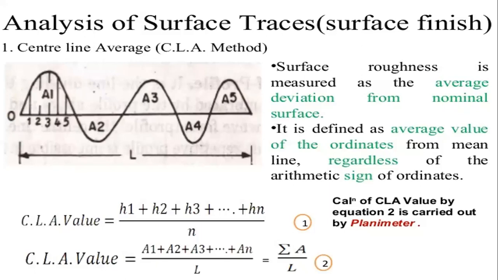The first one is the center line average method, which we will call the CLA method for short. In the university exam, they are going to ask you to explain any two of the methods. So the first one is the CLA method, that is the center line average method.